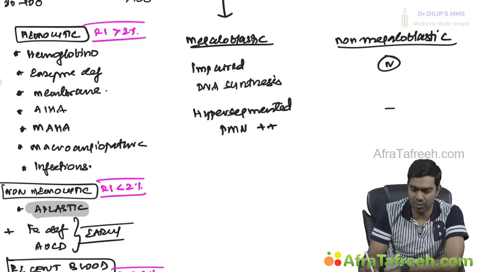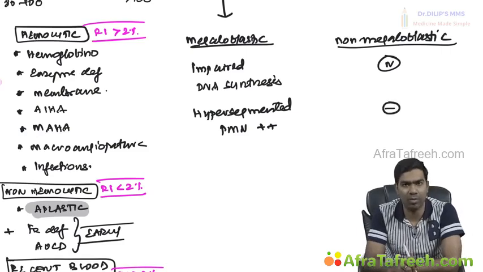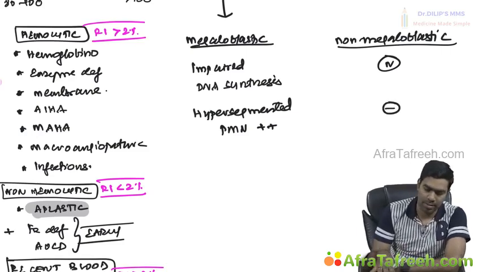And if they ask where you see hypersegmented neutrophils, I am going to discuss this with an image in a lot of detail in the vitamin B12 and folate deficiency topic. But still, hypersegmented neutrophils characteristically means any neutrophil with 6 or more nuclear lobes, which is a typical feature of megaloblastosis and is not seen in non-megaloblastic macrocytosis.